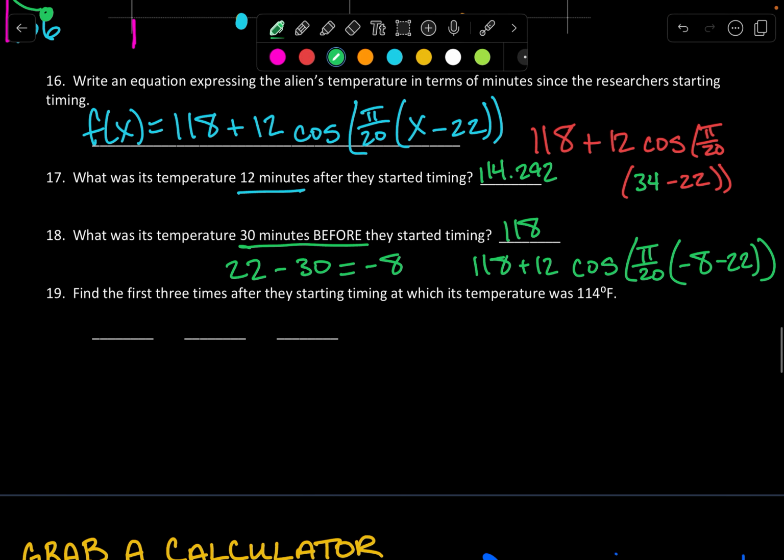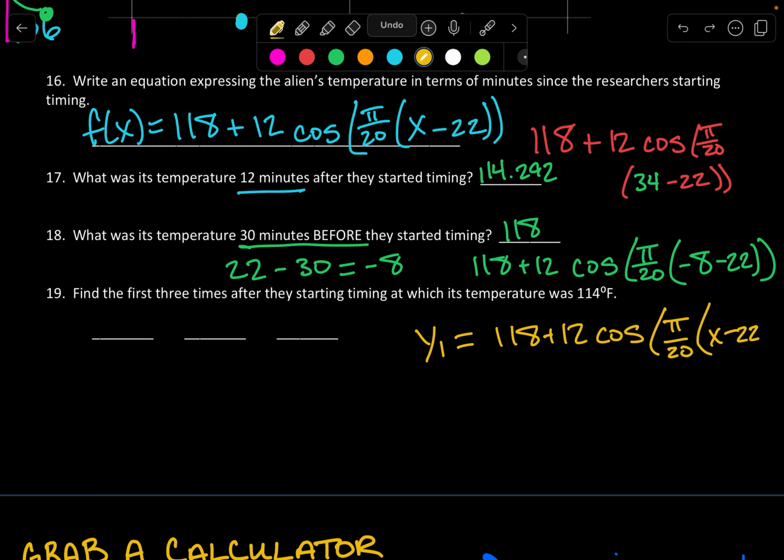Now, for this last one, it says find the first 3 times at which the temperature was 114. So what you need to do is use your calculator, and for y1, you're going to type in the equation. Just like this, you're going to put your x. And then for y2, you want to know all the places where the output was 114.